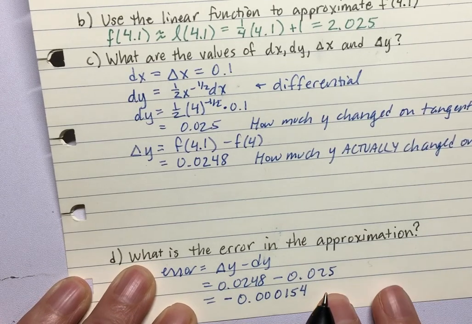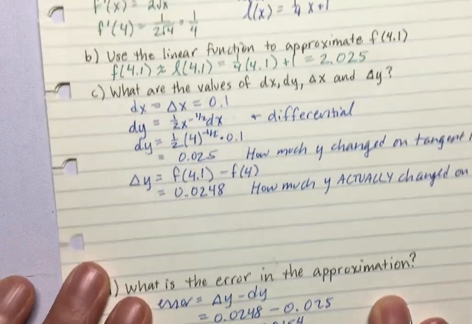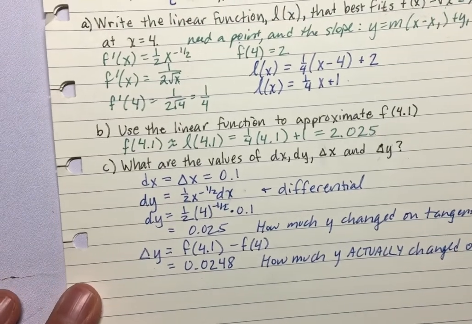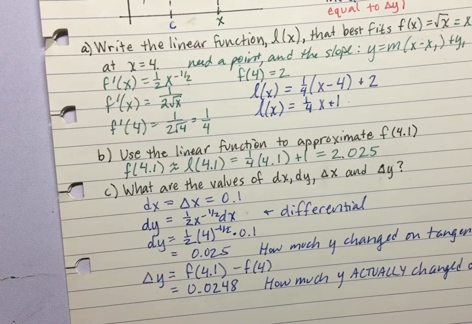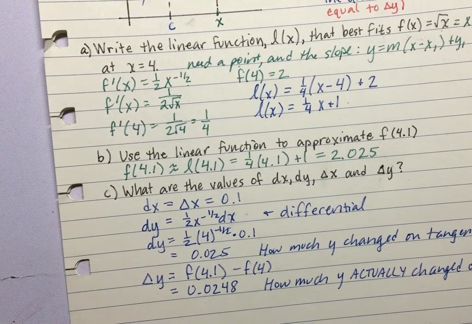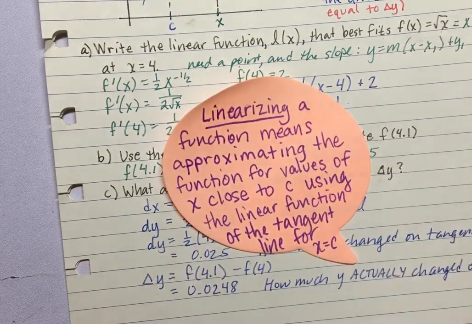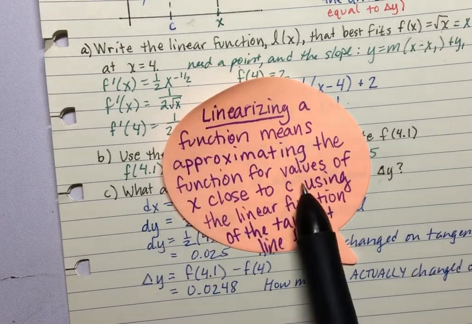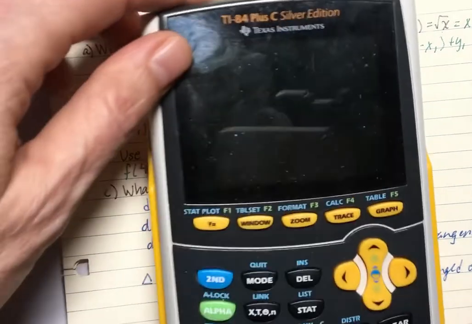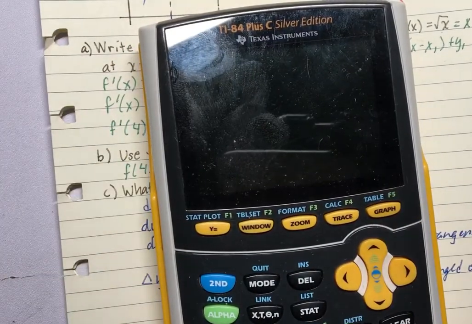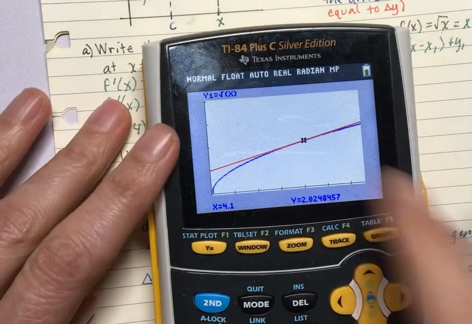Absolutely not. So again, to recap, if you're asked to use a linear approximation to estimate kind of thing, that sort of question, you're just approximating a function for values of x close to c. So going back to our graph, this tangent line is a really close estimate.